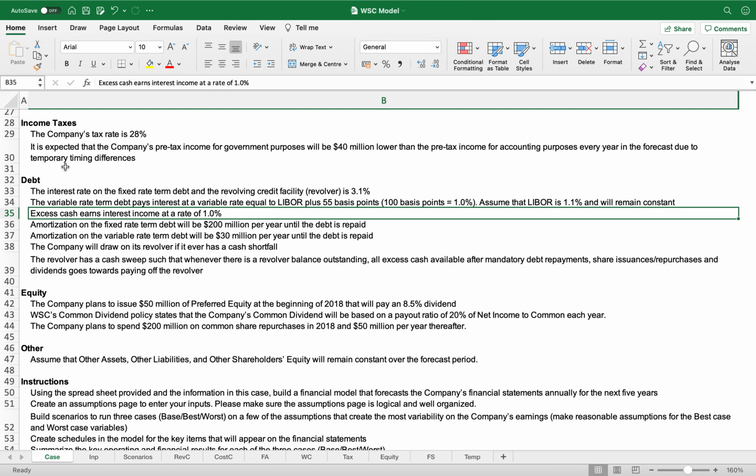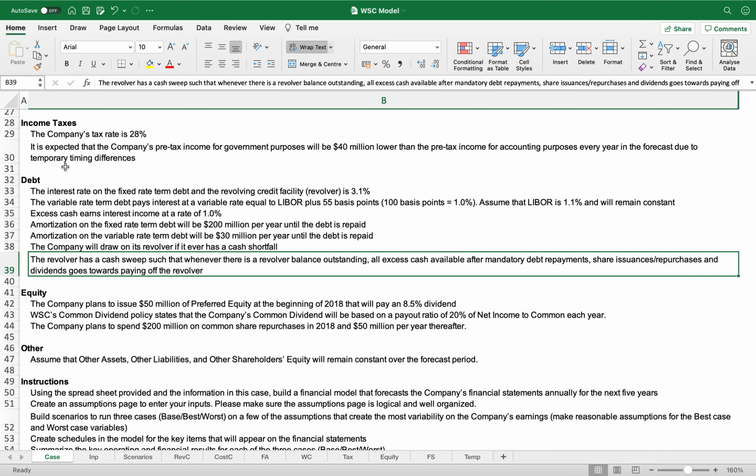Right? So this is your revolver. Okay. Last point, the revolver has a cash sweep such that whenever there is a revolver balance outstanding, all excess cash available after mandatory debt repayments, share issuance repurchases, and dividends goes towards paying off the revolver.